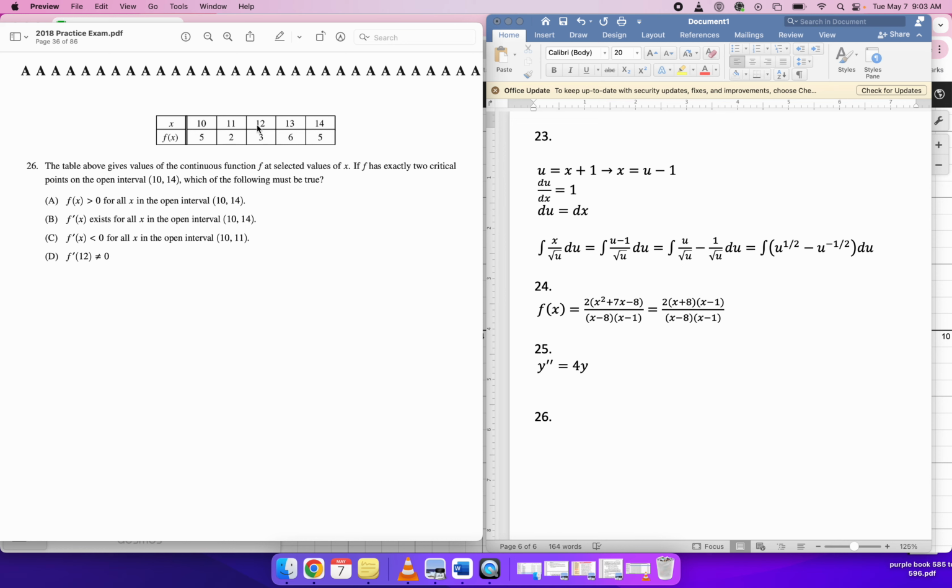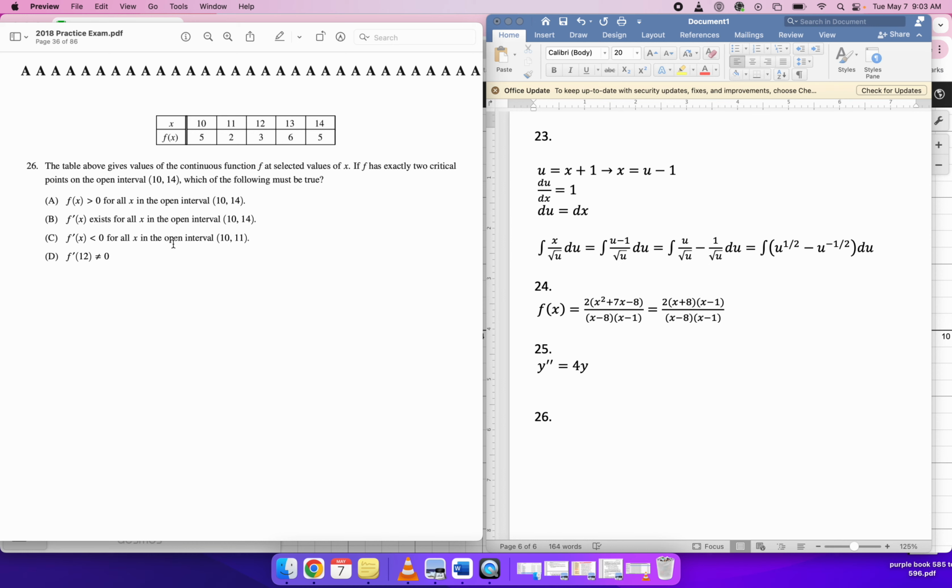It might start at 5 and then dip down to 0 and then start increasing again. So there's at least one critical point on 10 to 12. And likewise, for the same reason, I think there's at least one critical point from 12 to 14. And we know that there are exactly two critical points. So I don't think C is true.